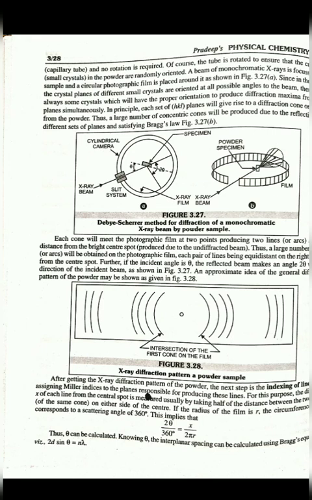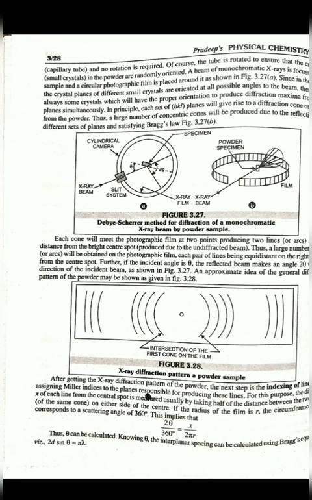In principle, each set of hkl planes will give rise to a diffraction cone originating from the powder. Thus, a large number of concentric cones will be produced due to the reflection from different sets of planes satisfying Bragg's law. Each cone will meet the photographic film at 2 points, producing two lines or arcs at equal distance from the bright center spot produced by the direct beam.